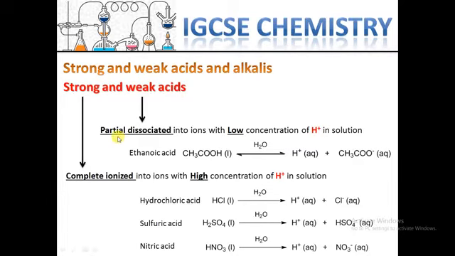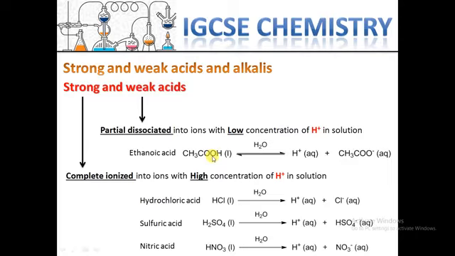Weak acids only partially dissolve into solution, with a low concentration of the hydrogen in solution. Like ethanoic acid, which is a kind of organic acid.